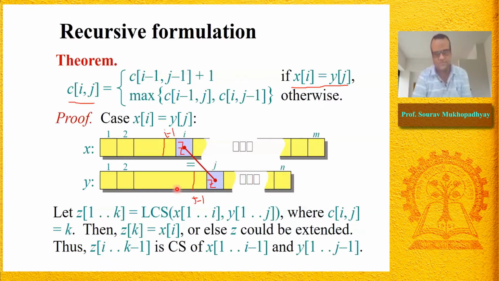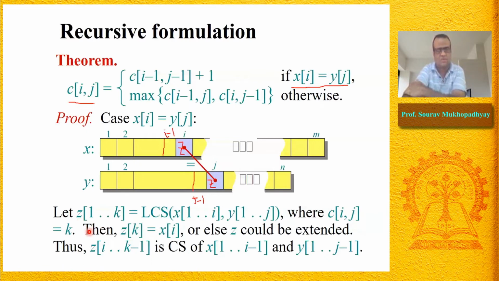How to proceed? Yeah, so suppose the length of the longest common subsequence Cij is k. This is the assumption, we are assuming that Cij is k. Suppose the length of the longest common subsequence up to i and up to j in x and y respectively is k. That means there will be a subsequence of length k.